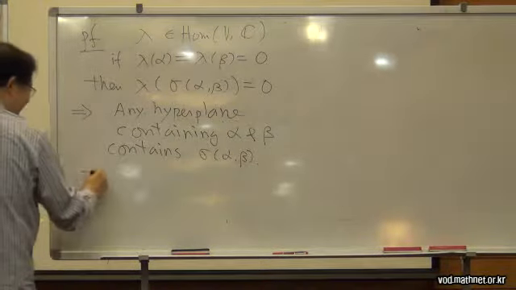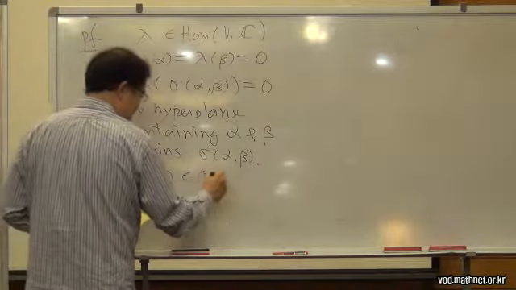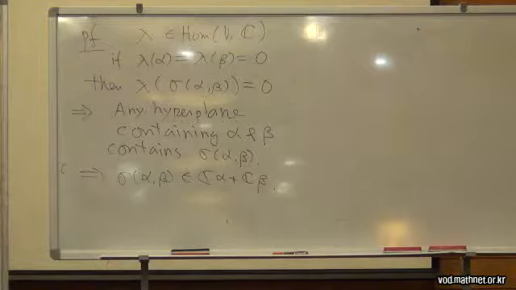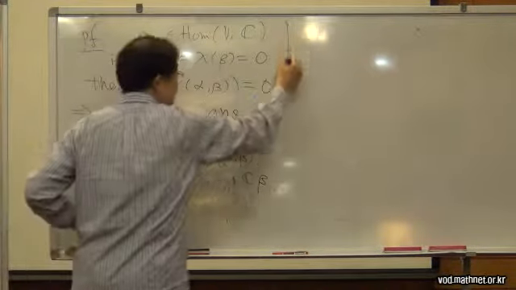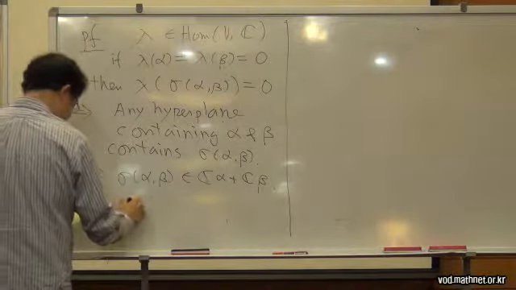So this implies that sigma(alpha, beta) is in the linear span of alpha and beta. So it's almost straightforward.